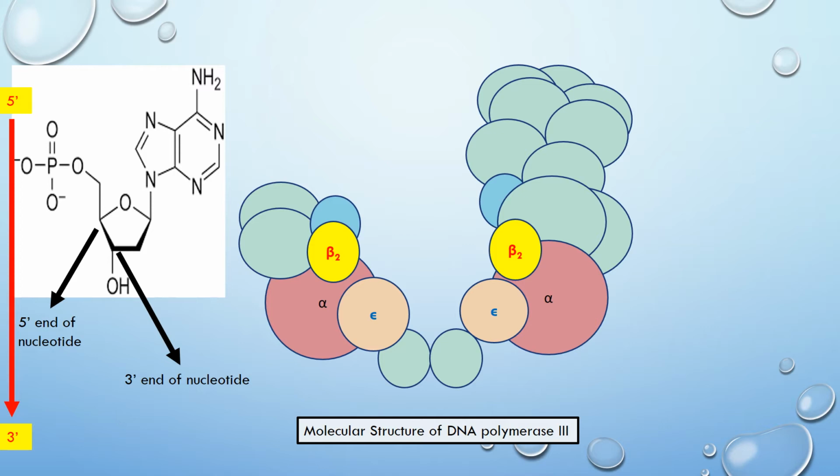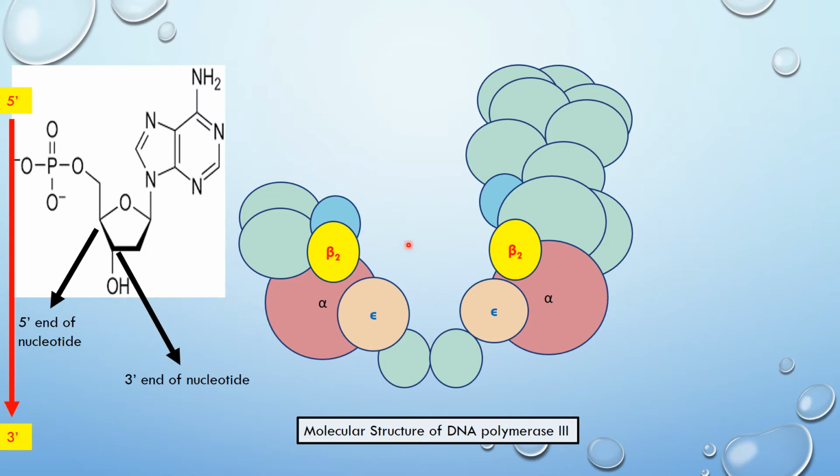In Escherichia coli, which is basically a prokaryote, DNA polymerase 3 is the true replicating enzyme. DNA polymerase 3 is a dimer. It is 10 times larger and far more complex in its structure. This dimer is made up of two identical monomers.